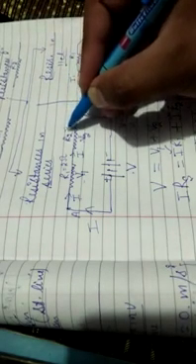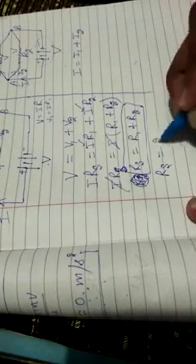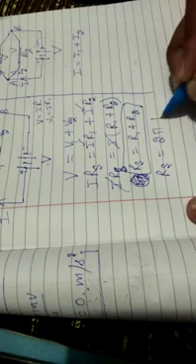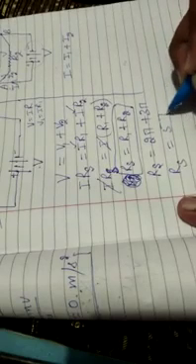Means if R1 is 2 ohm, you know the unit, and R2 is like 3 ohm, understood? It means the net resistance RS will be equal to 2 ohm plus 3 ohm, which will be equal to 5 ohm.